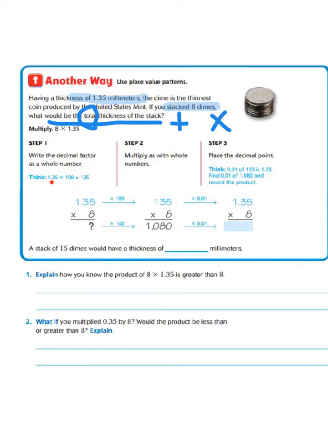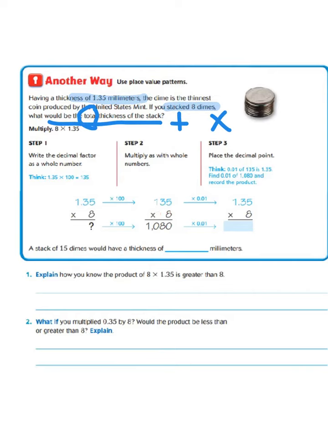In this case, we have 2 place values to the right of the decimal. So we know that we are going to have to multiply by 100 in order to move that decimal 2 places to the right. So when we have 1.35 times 100, that is going to give us 135. And you see that recorded right here.